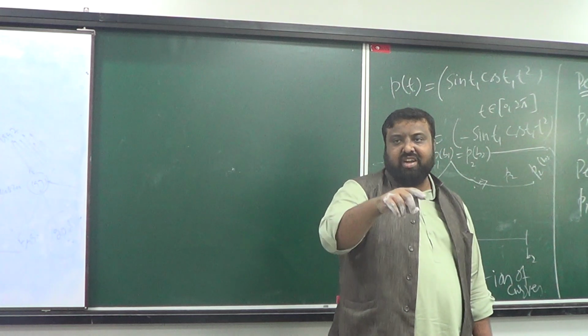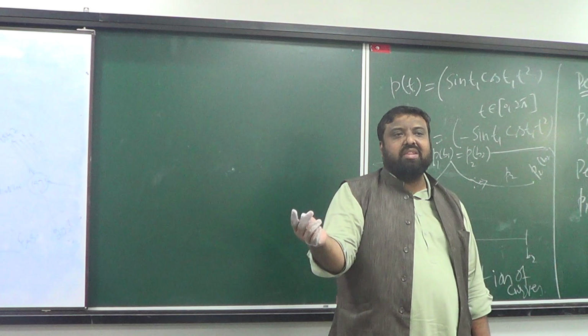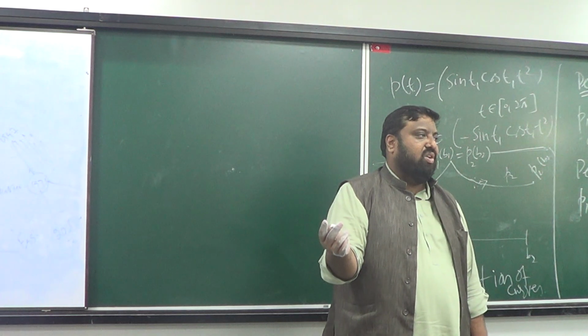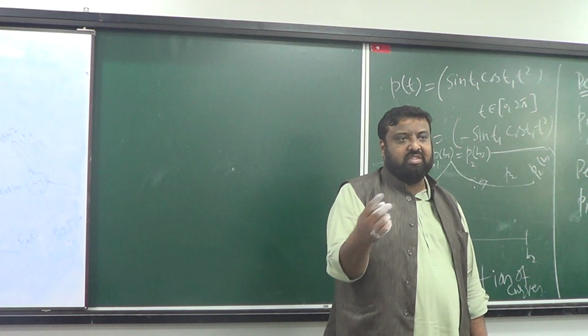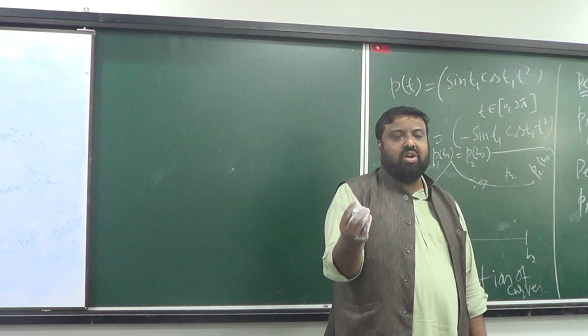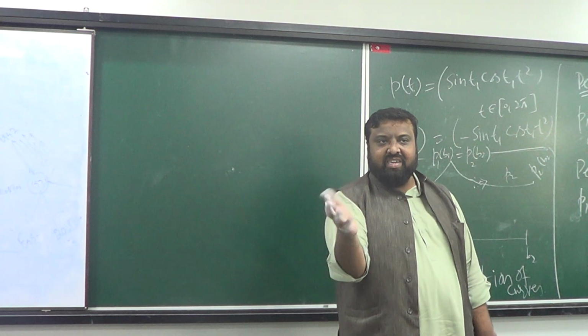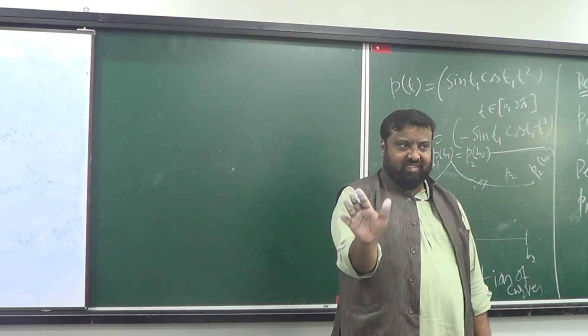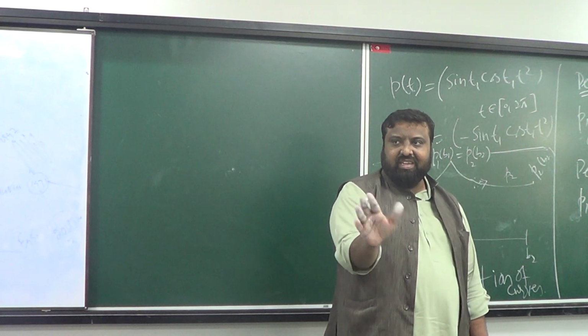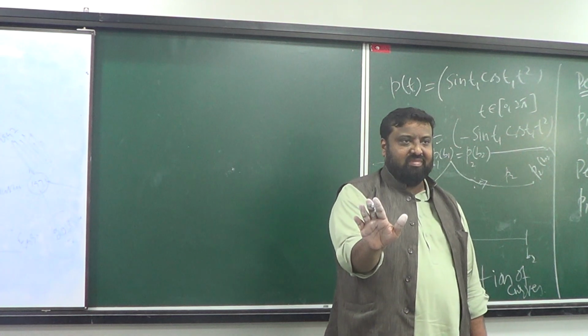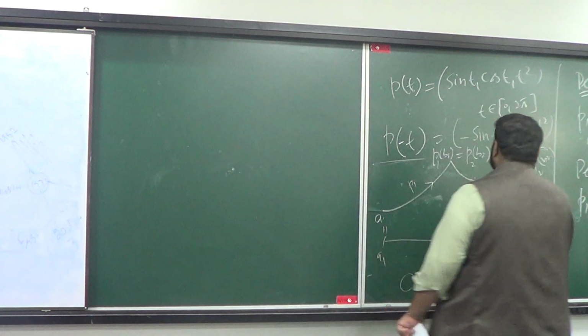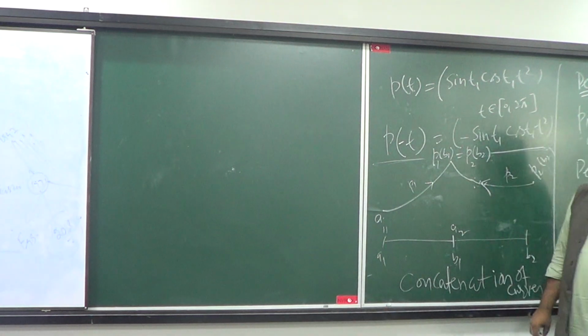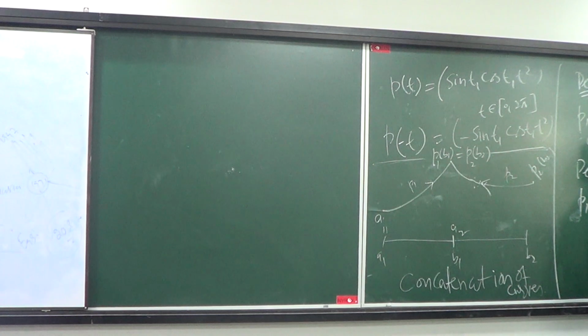So imagine I have another curve which has an opposite orientation to the first curve. Then you're going to take one curve and reverse it. Imagine this curve has an opposite orientation and you want to concatenate these two curves.